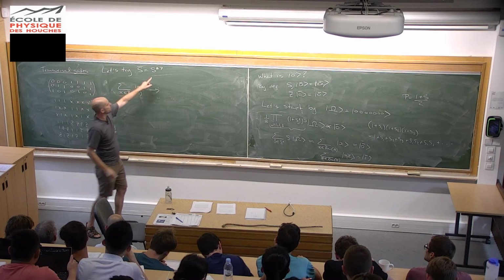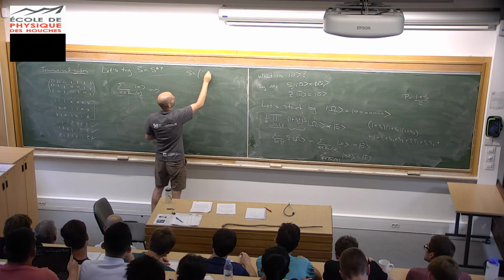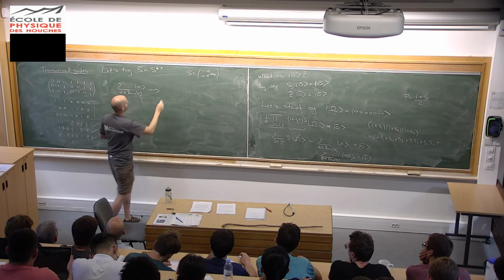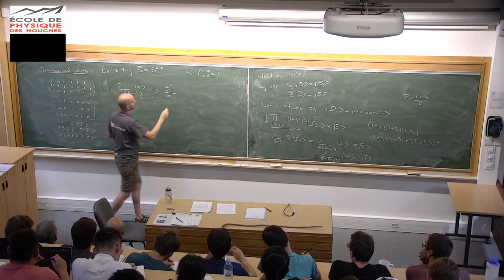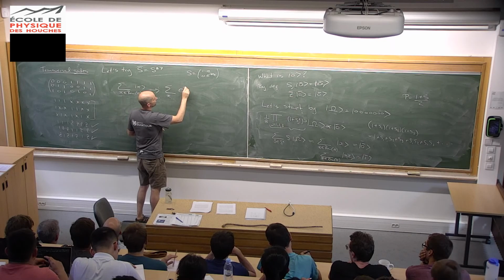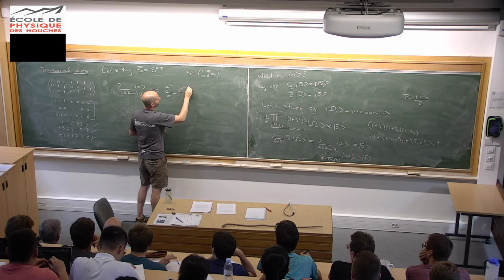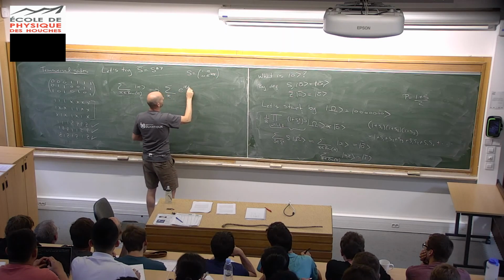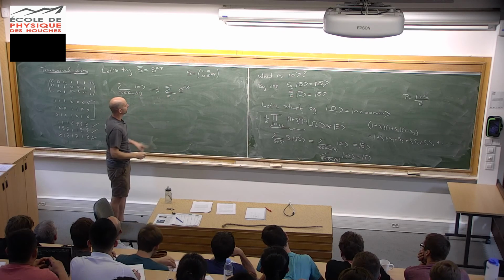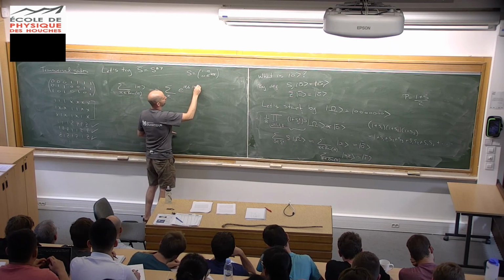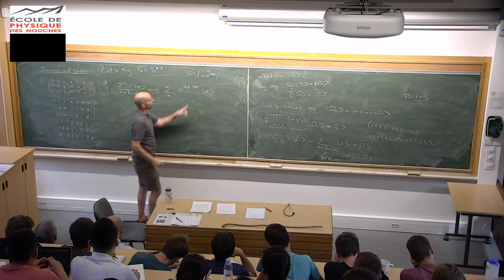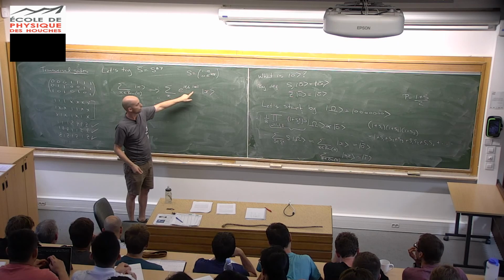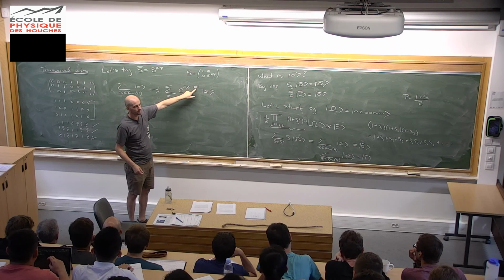Remember, S is 1, 0, 0, e to the i pi over 2. So here it will go to the sum over x of e to the i pi over 2 to the weight of x. So every time there's a 1 in x, I get a phase. Every time there's a 0, I don't get a phase. So my total phase is just the number of 1s in x.